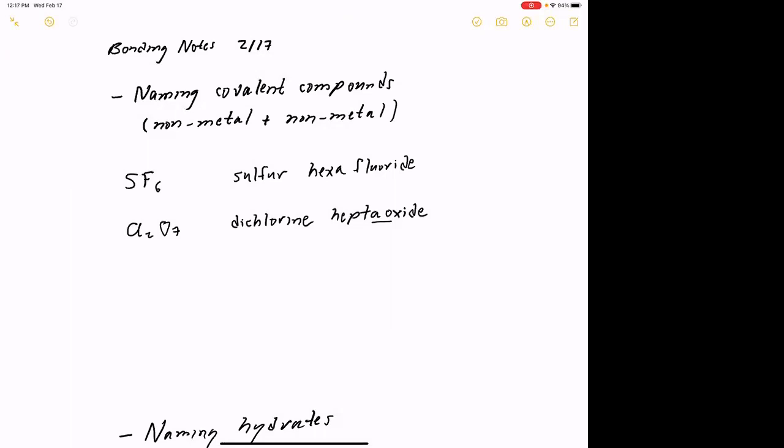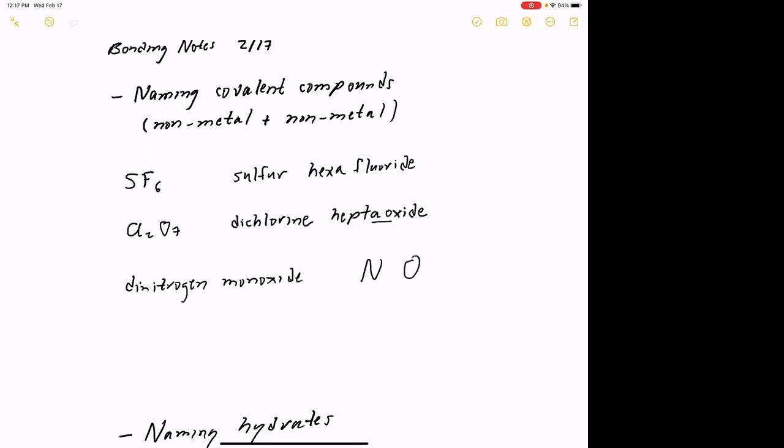All right. So then we could go the other way if we wanted to. We could do something like dinitrogen monoxide. If I wanted to go to the formula, okay, what 2 elements are involved? Nitrogen and oxygen. So I'll just write them down.